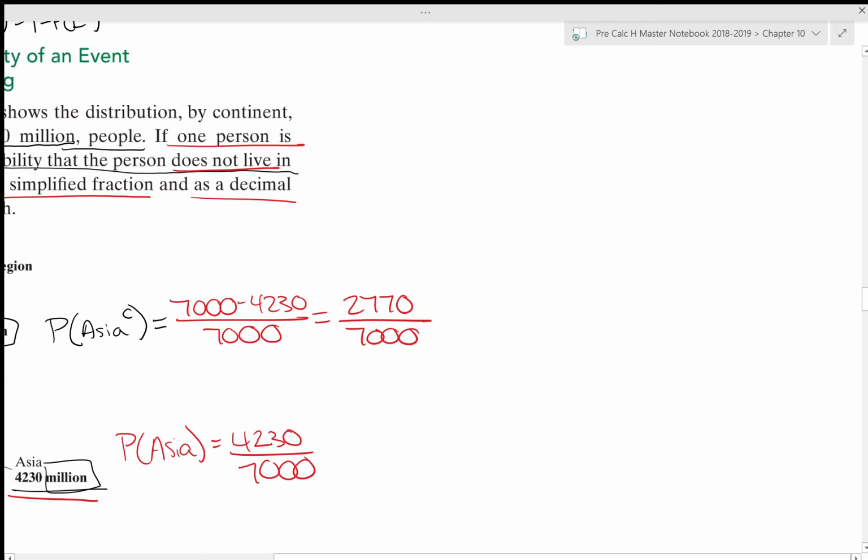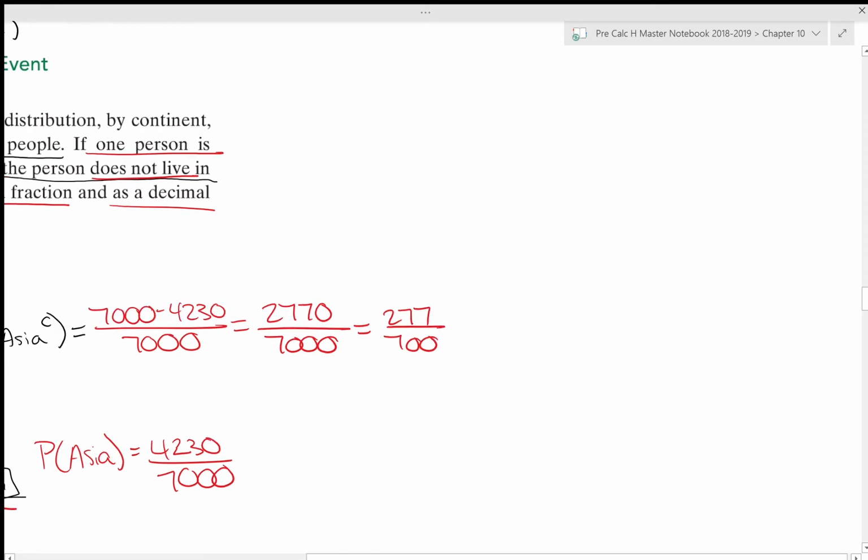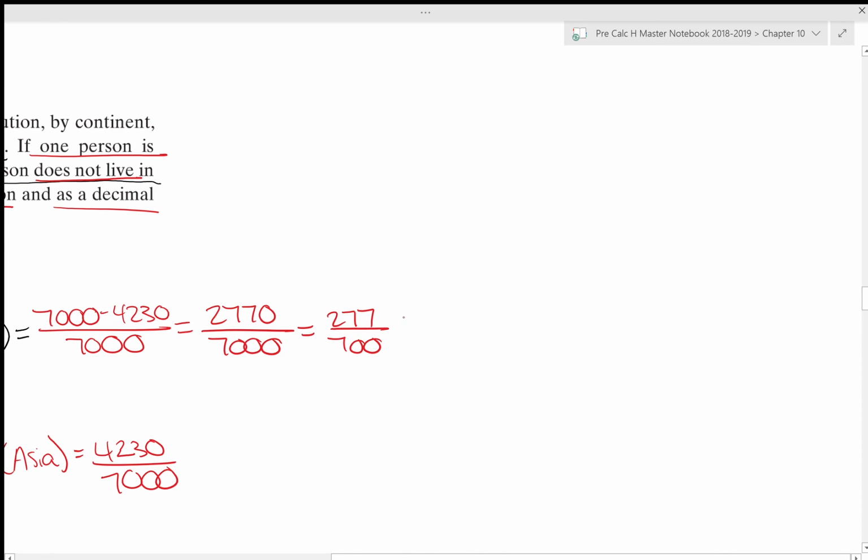Okay, the reason they wrote the 7,000 million instead of 7 billion is because they want everything in the same unit of measurement. Now it says to simplify this fraction, right? So put this in your calculator, do math enter enter, or math frac enter, and you will get 277 over 700. It unfortunately doesn't simplify anymore. And when you actually divide it and round to the nearest thousandth, meaning 3 decimals, you're going to get 0.396. So that's the probability of not Asia, or Asia complement.